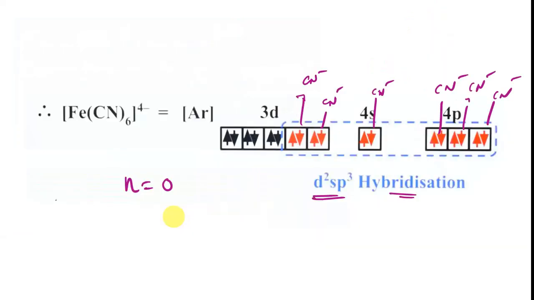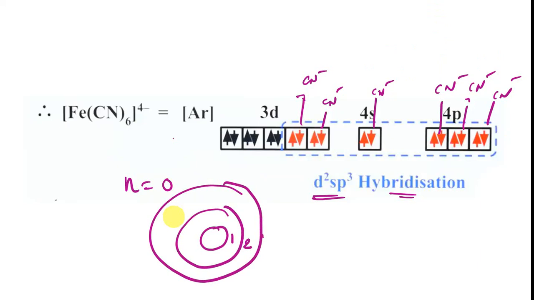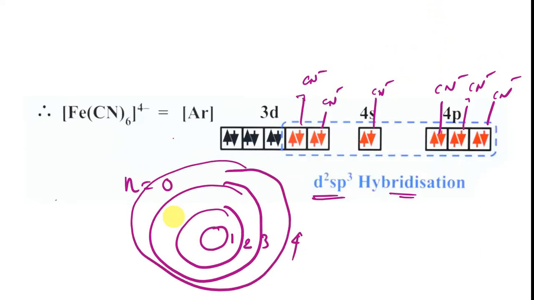Listen here. Here, the orbitals will be like this. Now, this is the third shell. Let us consider the first shell, second shell, third shell, and fourth shell, right? So here, the CN ligand is bonded in 3d itself, right?